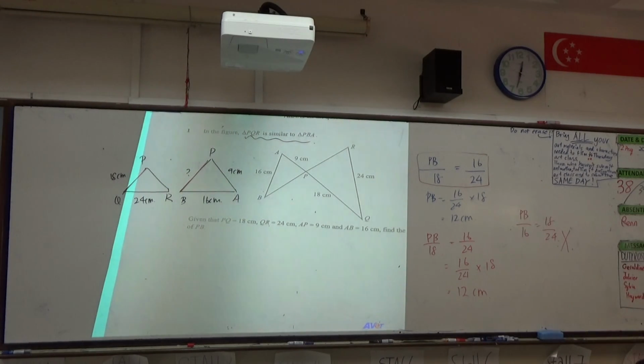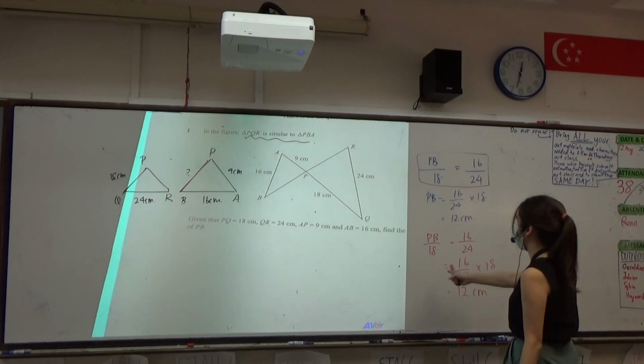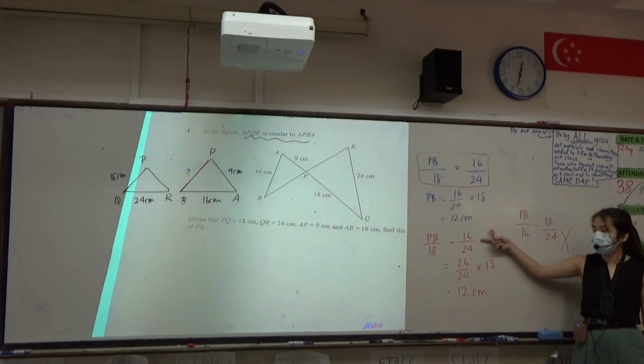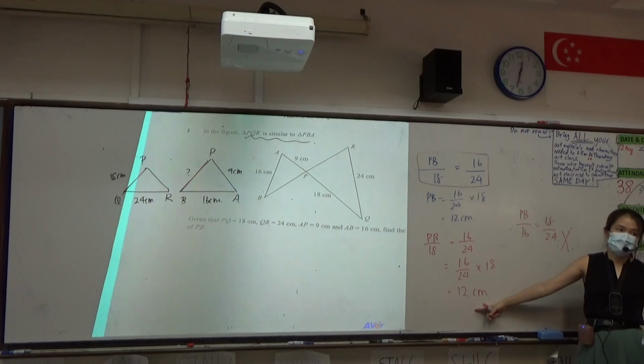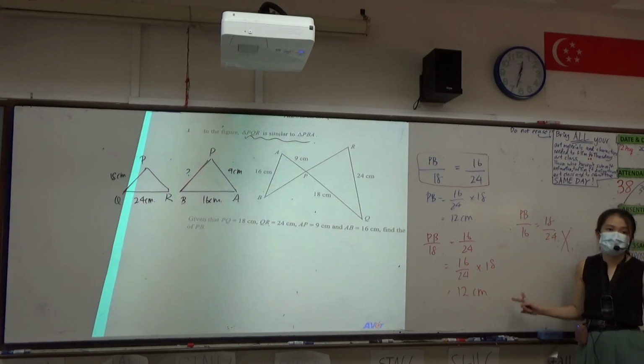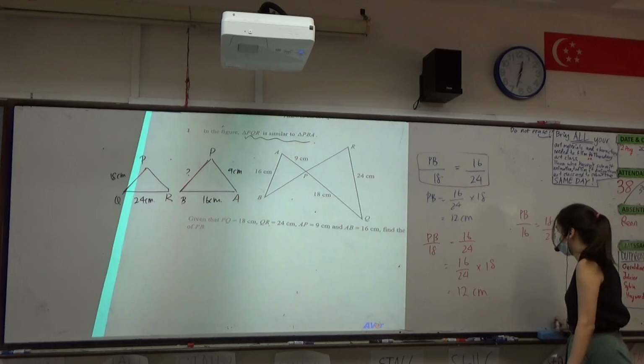Then this is not correct. What's not correct? You never put the PB over here. Then I'm going to read from the top to the next line to the next line. How is it that 16 over 24 ends up equal to 12? That doesn't make sense. So there's a big presentation error over here. So this is not correct.